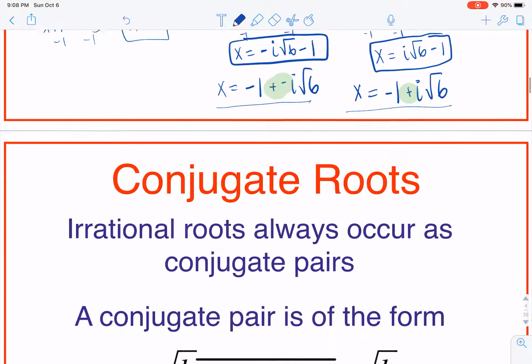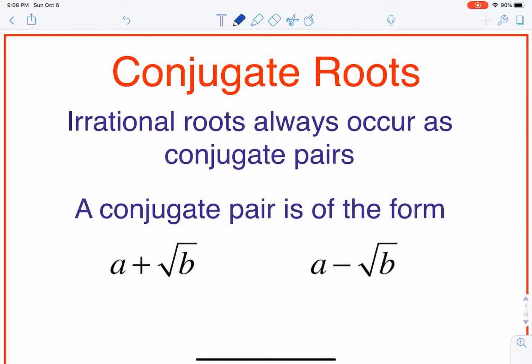So when we talk about complex roots or complex numbers, conjugate roots. Irrational roots always occur as a conjugate pair. So we have this plus piece that we just saw up above, and we also have this minus piece. They always occur as a pair, the positive and the minus.